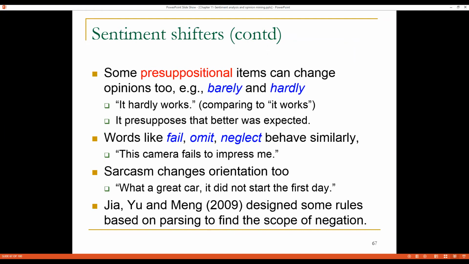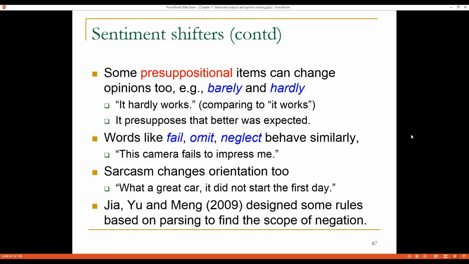Sentiment shifters continued: some presuppositional items can change opinions too. For example, barely or hardly. If you were to say it works, it's a lot different than saying it hardly or barely works. It presupposes that better was expected.